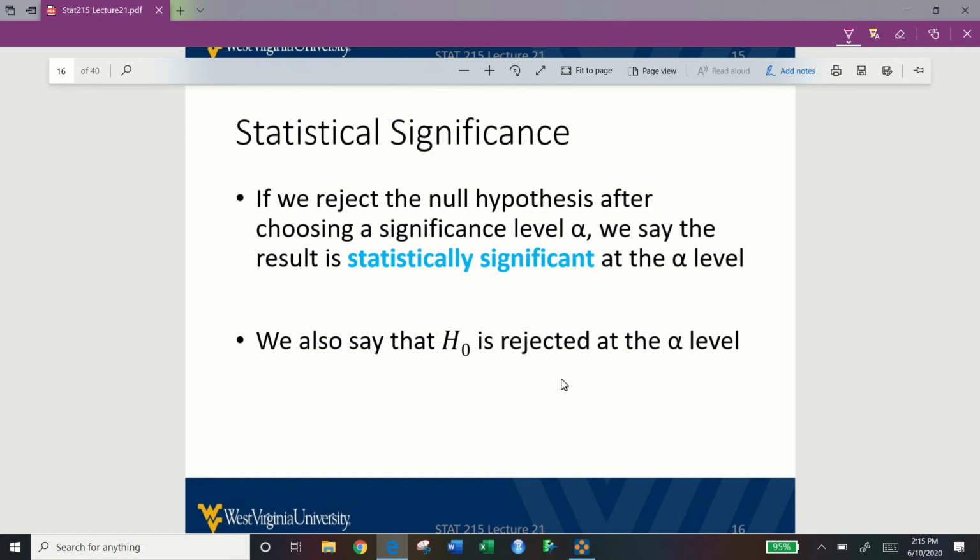So oftentimes when giving our interpretations for a hypothesis test, we will say we reject the null hypothesis at alpha equals 0.05. Or alternatively we will say we reject the null hypothesis at a 5% significance level, concluding that the true proportion is different than our hypothesized value.